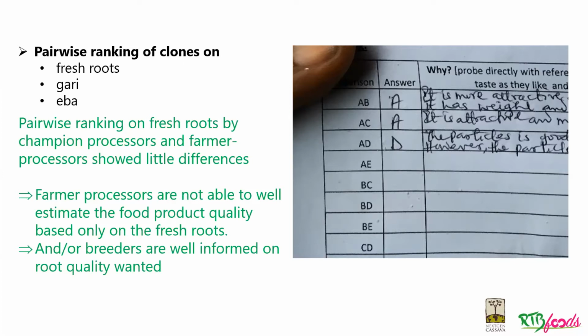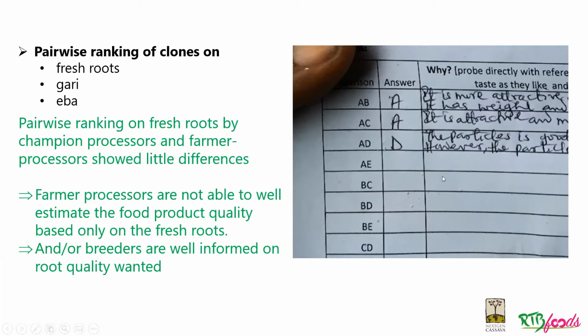When you went to Gari and Eba, it was much more pronounced, and we got much better distinction, which can mean that either processors are not really able to estimate food product quality, or breeders are well informed about what kind of root quality processors want on the root itself. They might be informed about the root shape, and that processors want high dry matter and certain other things. So that can also be a factor.